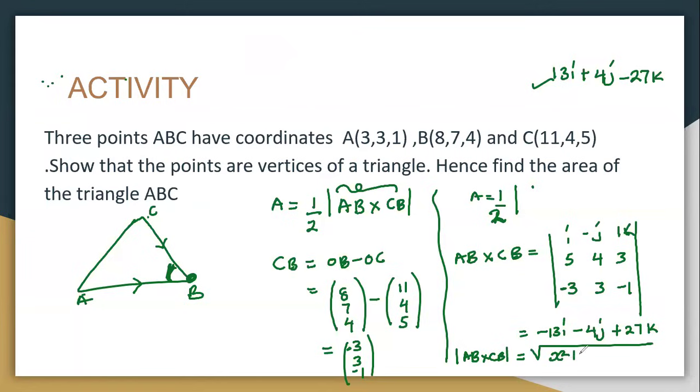So we shall have negative 13 squared plus negative 4 squared plus 27 squared. Let me try to compute and I see the answer.